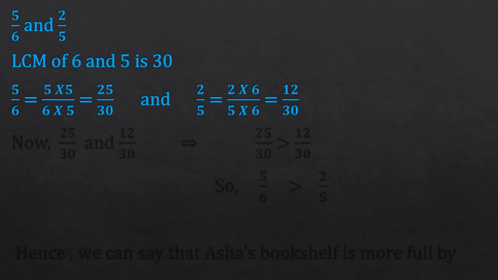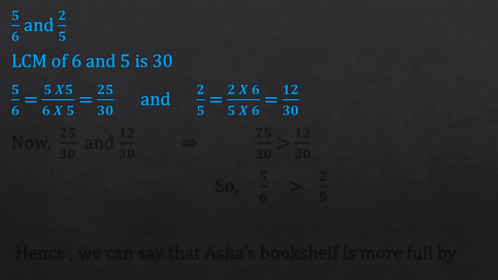So LCM of 5 and 6 is 30. Now take the first fraction, 5 upon 6, which is Asha's bookshelf part. We have to convert this denominator 6 into denominator 30. How will we change it?